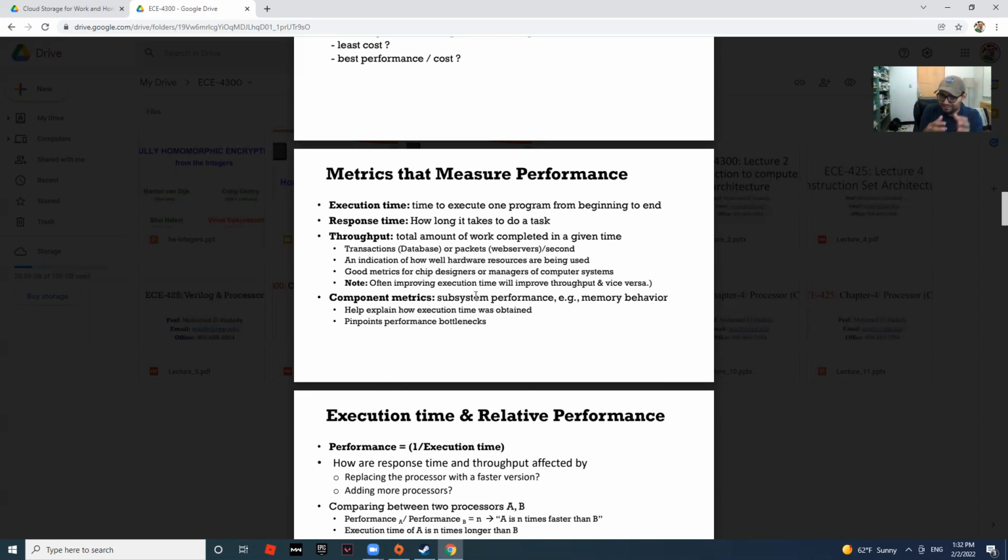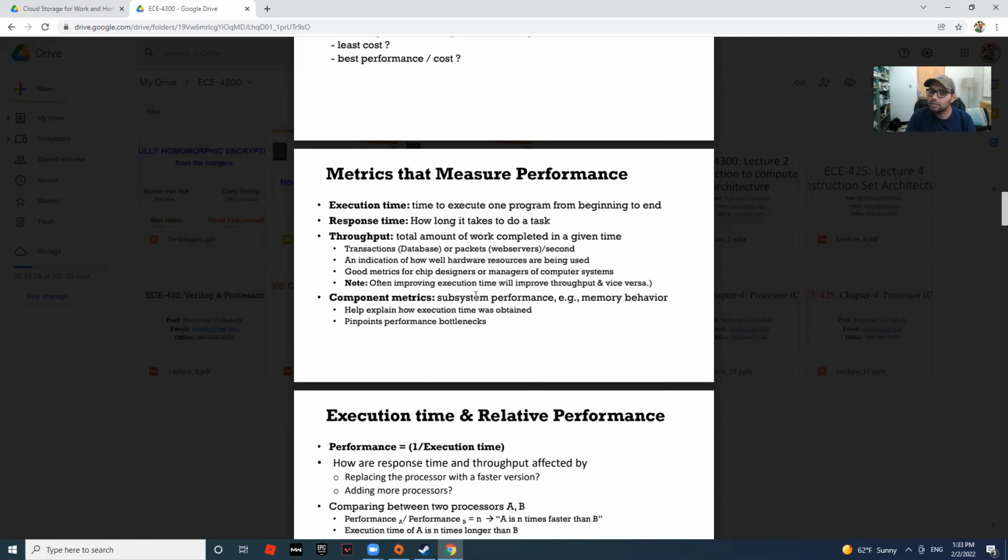So how much data per second you can process, that's called throughput. Of course, a system that handles 100 gigabytes per second or bits per second will be appreciated more than 50 gigabytes per second, right? So that's one of the factors you are looking at, which is the total amount of work completed in a given time. We said per second here, right?